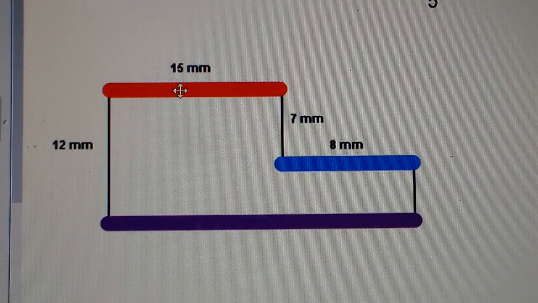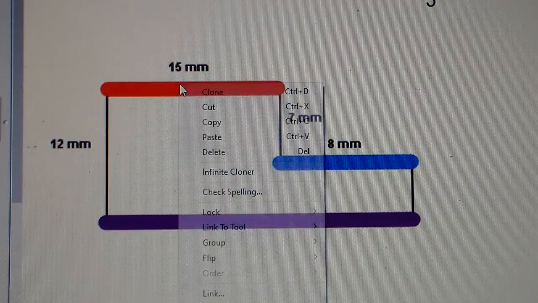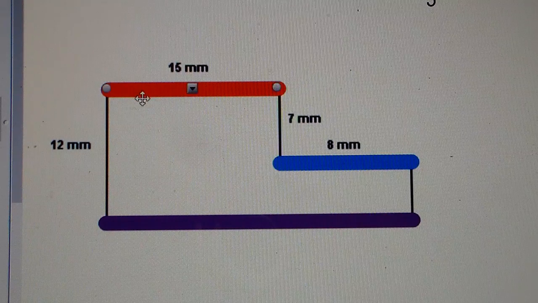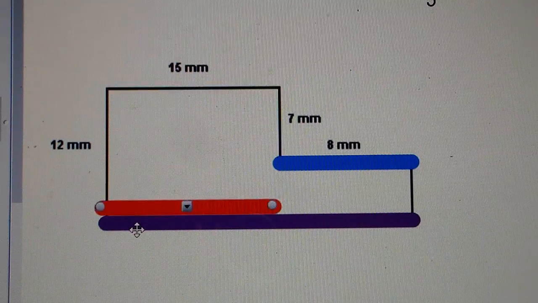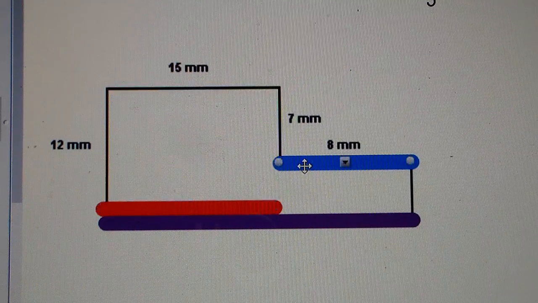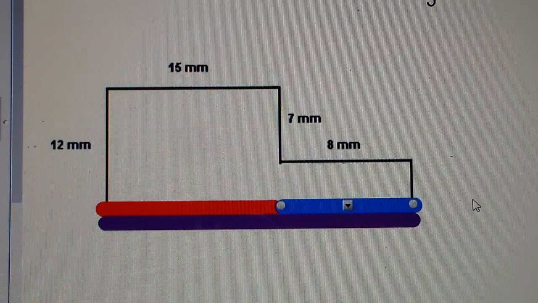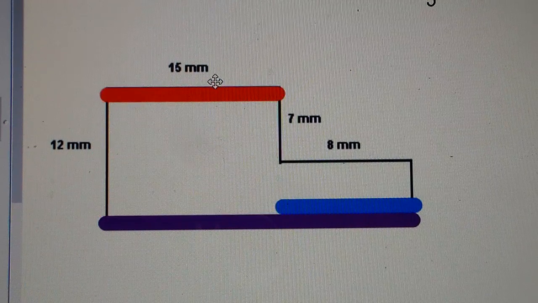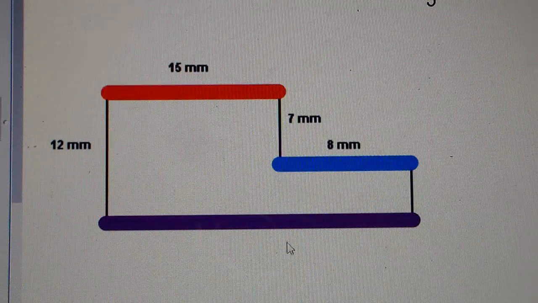Do you see that this red piece plus this blue piece, these two pieces added together make the purple piece? It's the same length. Small plus small equals big. So this 15 plus this 8 is going to make this purple piece.